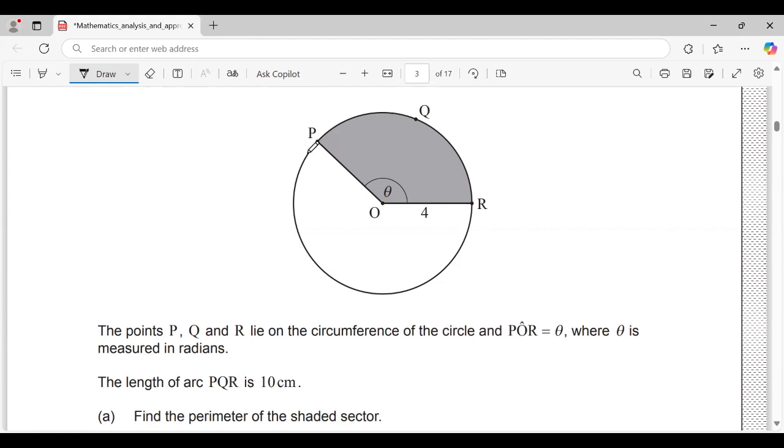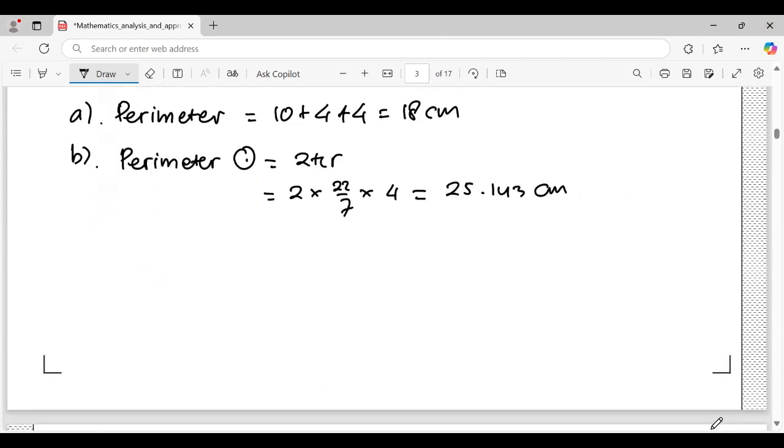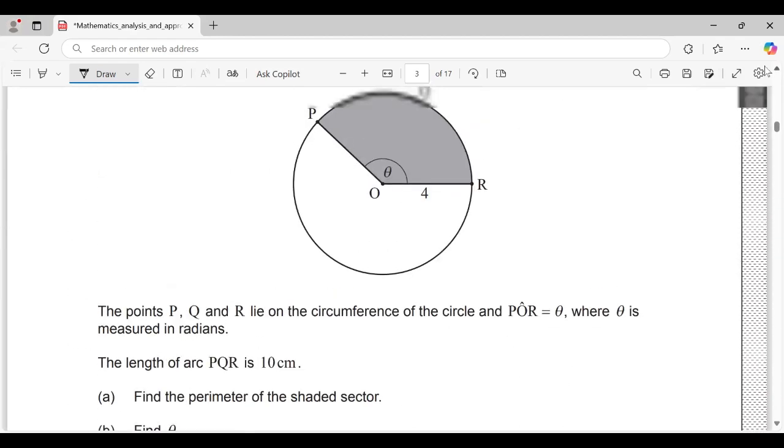But the perimeter of the circle is the circumference of the circle, right? As we continue, it means theta, 10, is the length of PQR, this one.